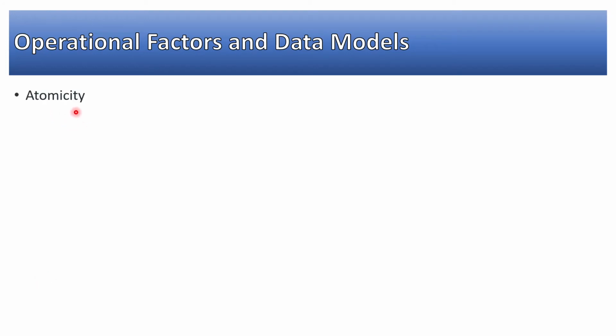Atomicity means that whatever operations we are doing on our MongoDB collections or documents, each operation is done at the document level. So if we are doing an insert or update operation, it happens at the document level. Sharding, again, selecting an appropriate shard key is also a part of data modeling.